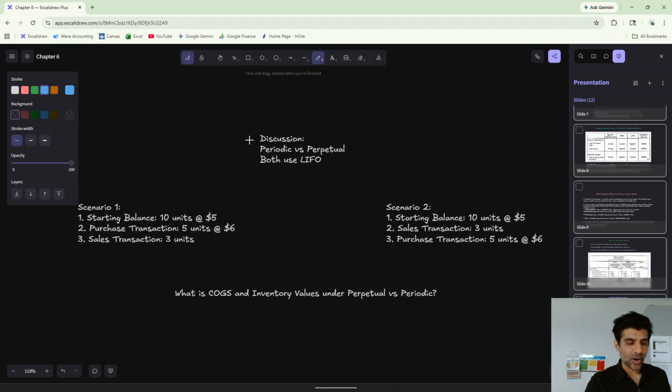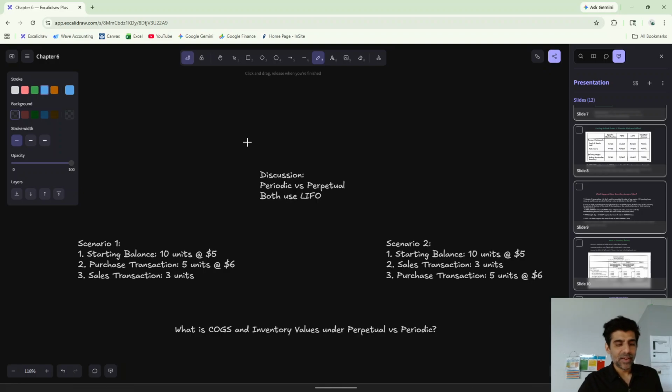Now let's talk about why it's not as accurate as the perpetual. So we have these two scenarios. We have a starting balance of 10 units, and each unit costs $5. We have a purchase transaction, and then we have a sales transaction.